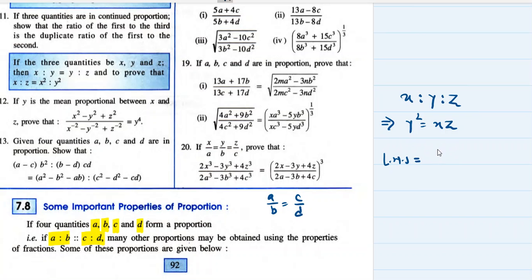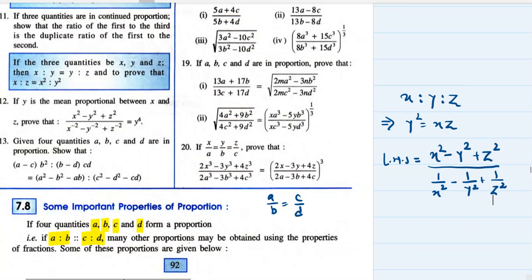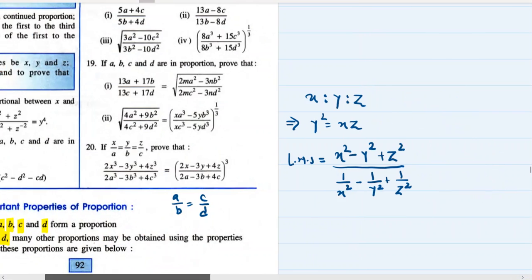LHS is (x square minus y square plus z square), the whole upon (x raised to minus 2, which is 1 upon x square, minus y raised to minus 2, which is 1 upon y square, plus z raised to minus 2, which is 1 upon z square). Okay, I'm directly writing it in simple form. I have to prove that this is y raised to 4.